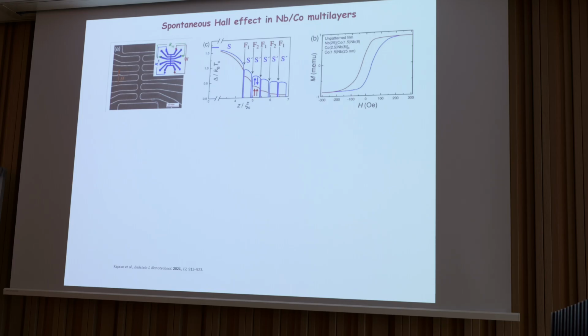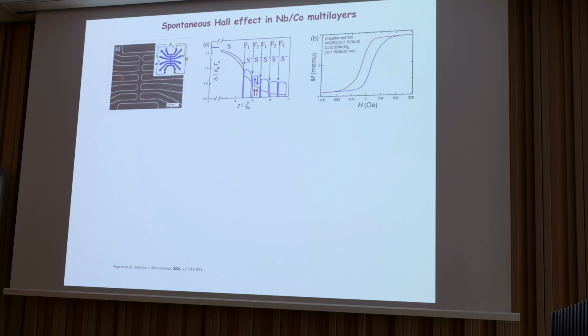And I will show you a result of Hall measurements on a niobium copper cobalt multilayer. So this is a lithographically formed object with contacts. Cobalt is ferromagnetic, but in this case the measurements are performed at zero magnetic field. There is no net magnetization of cobalt.